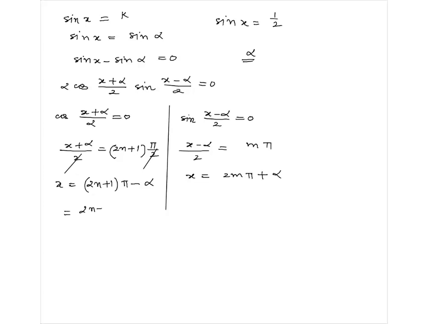I'm just rewriting it. 2n plus 1 is an odd number, right? I have got minus 1 into alpha, minus 1 to the power odd. Should be no problem.